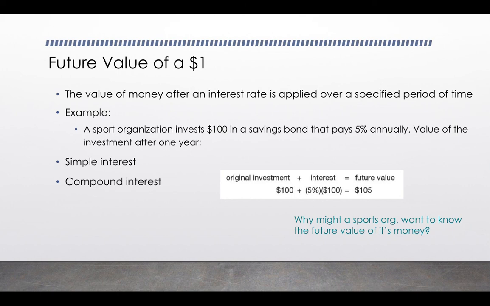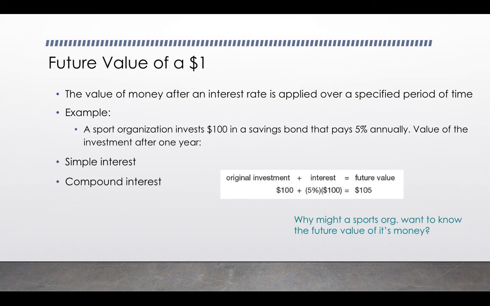To make it individual to you, think about any money that you've ever saved. If you had a savings account as a child, maybe you put some money in there over time. You probably earned some interest on that money because the bank was able to use it and invest it. So that's really what we're referring to here when we think about future value of a dollar. We want to account for the interest gained on that investment as it's sitting in the bank for a particular period of time.